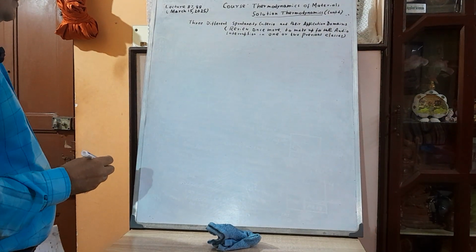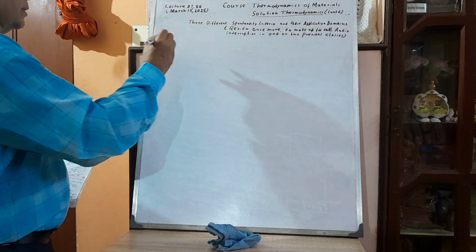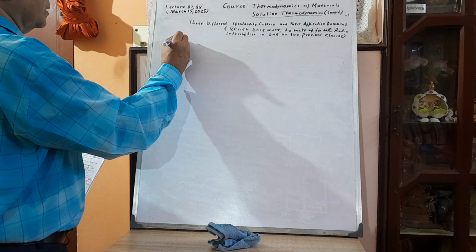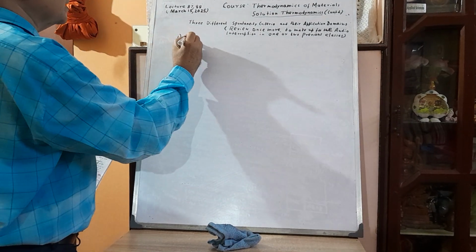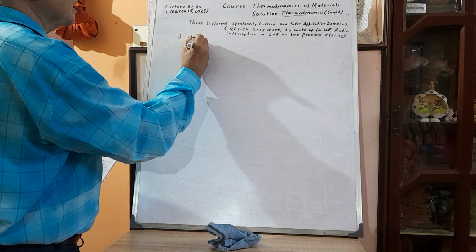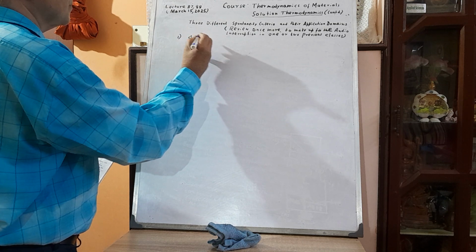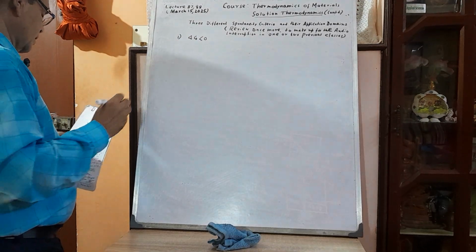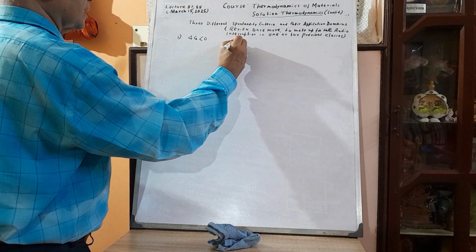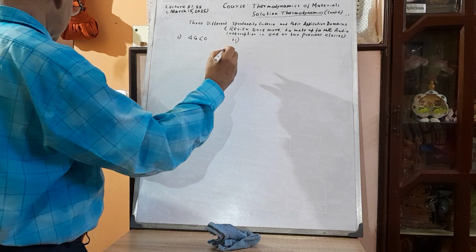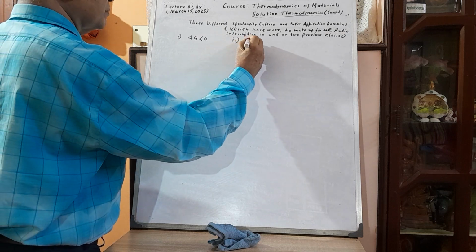So this is the start. Three different spontaneity criteria. One is delta G less than 0 is the first one. The second one is right here. Second one is delta G prime.